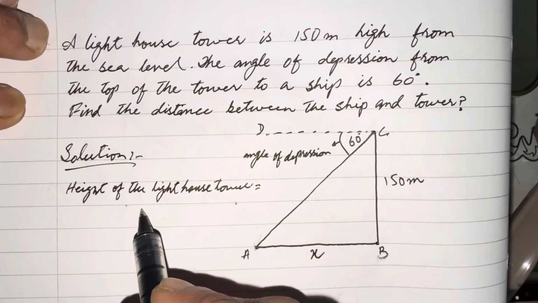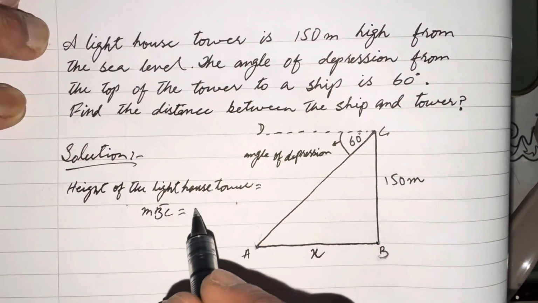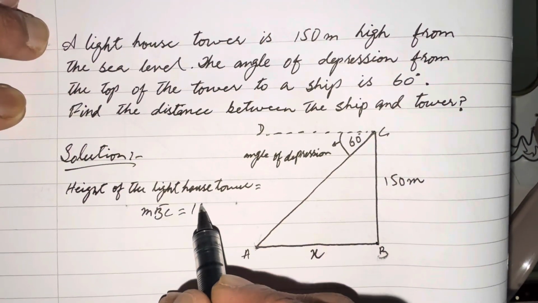So the measure of BC is equal to 150 meters.